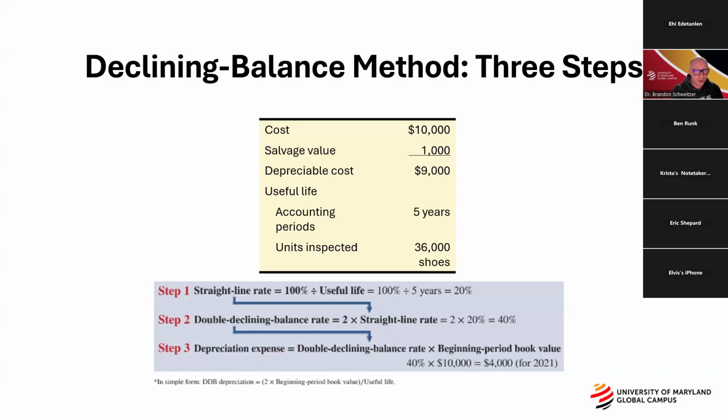We then multiply that 20% by 2 to get to the double declining balance rate of 40%. We then take that 40% and multiply that by the beginning book value, $10,000, the cost of the asset. That means for the first year, we're going to have a depreciation expense of $4,000.